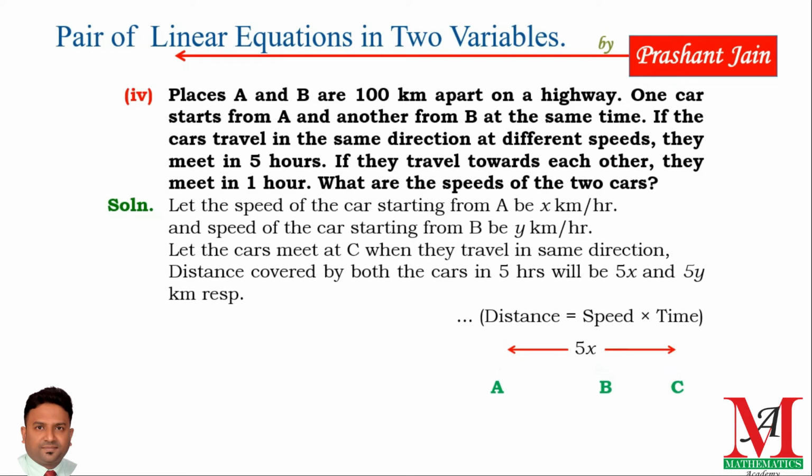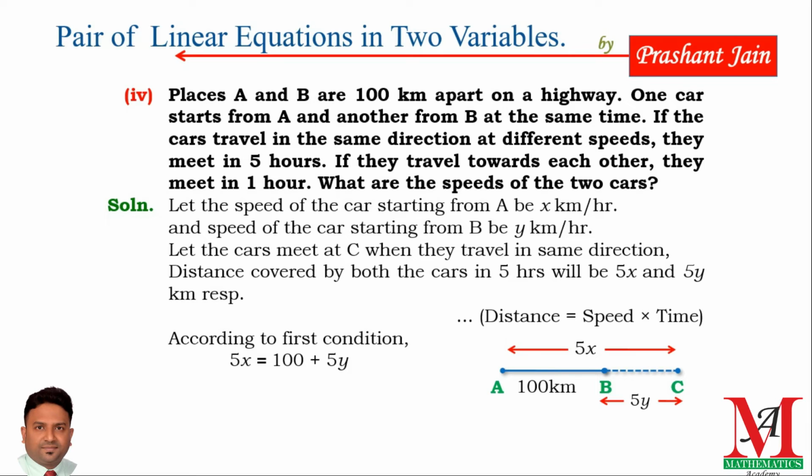For the next car, traveling from point B to point C, the speed is y and the time is 5, so the distance is 5y, and the distance from A to B is 100 kilometer. Now on rearranging, you will see that the total distance from A to C is 5x, and that will be equal to distance AB plus BC.